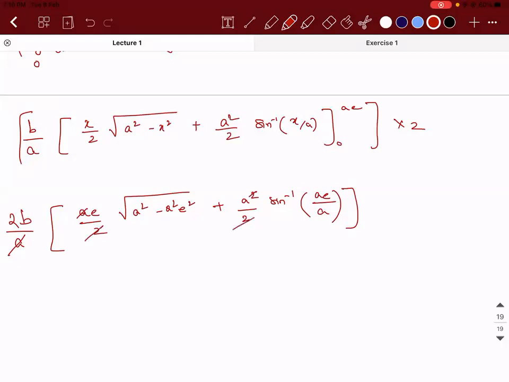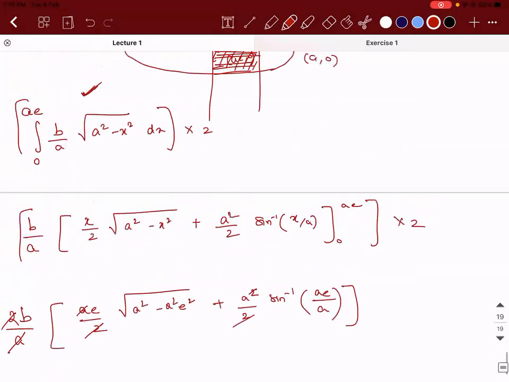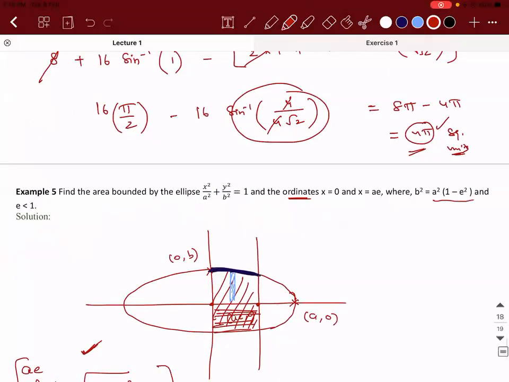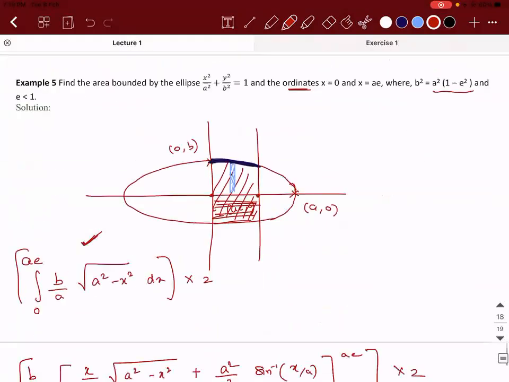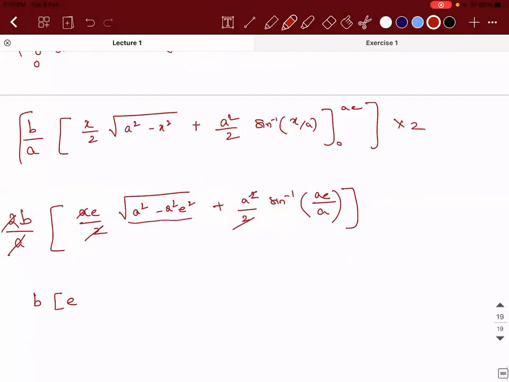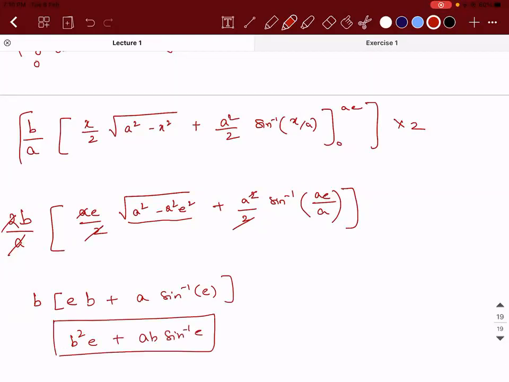So 2 and 2 will get cancelled here. So b into e into a square into 1 minus e square is b square. So this is b. Square root of b square is b plus a into sine inverse of e. So if I take that b inside, b square e plus ab into sine inverse e will be the answer.